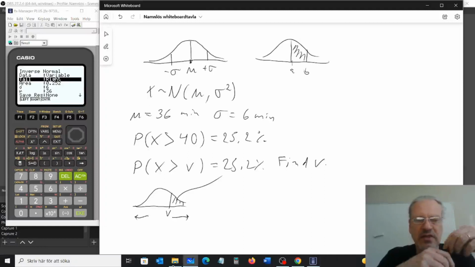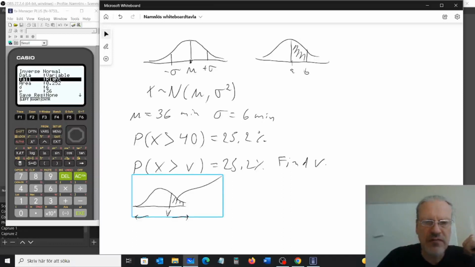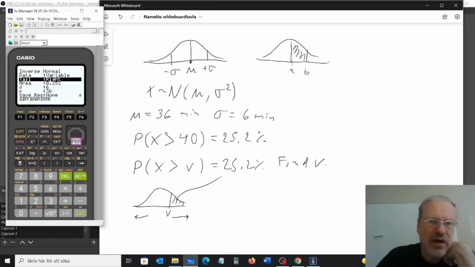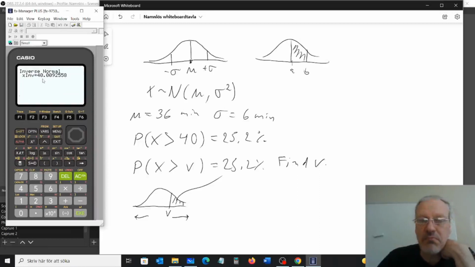Now we have a right tail, so we need to change that to right if it says left. Center means that the probability is between one value and the other, and we can look at an example of that in a minute. Then we enter our percentage 0.252, and simply calculate, and we should get our 40 back.